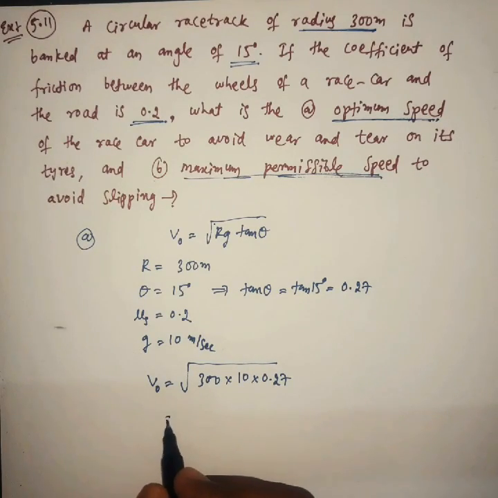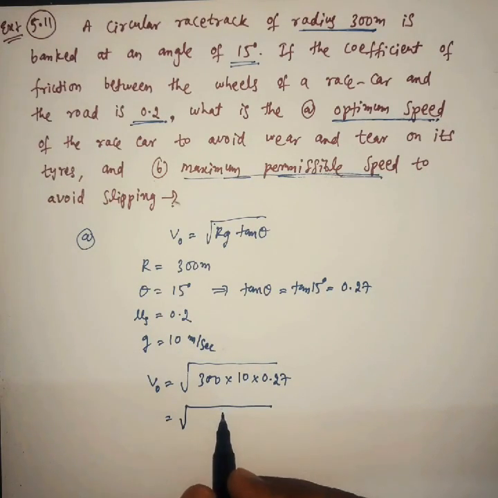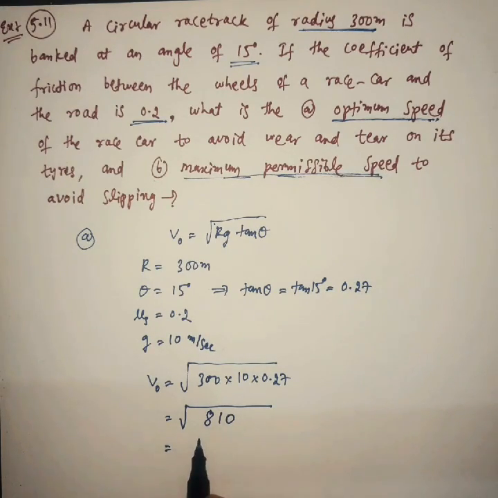So this is the square root of 810, which is nearly 28.1. So the optimum speed is 28.1 meter per second.